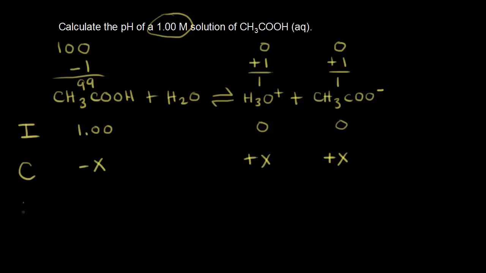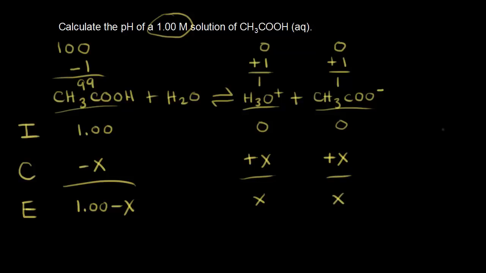When everything comes to equilibrium, our equilibrium concentrations would be 1 minus X for the concentration of acetic acid, X for the concentration of hydronium, and X for the concentration of acetate anion. Now let's write our equilibrium expression.